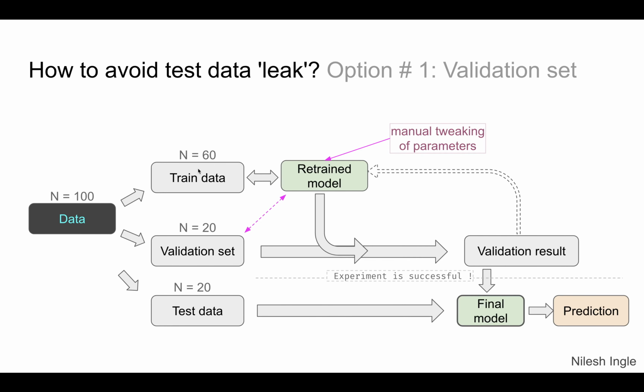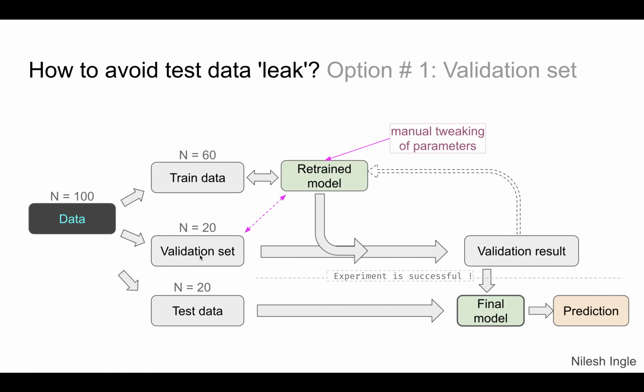So now when you train the model on the train data set, you can test it on the validation set. With this approach, the actual test data is completely separated and untouched while you are retraining the model and optimizing the parameters until you get the accuracy, or MAE if you are doing regression, that you are satisfied with.